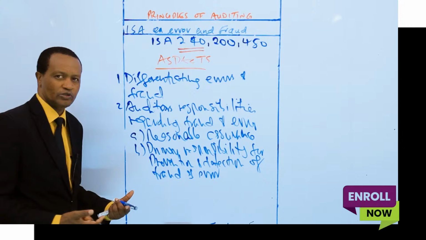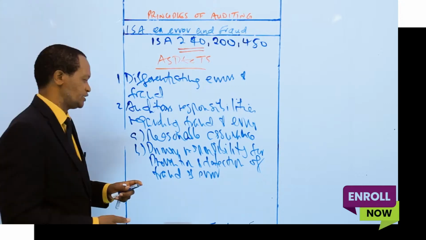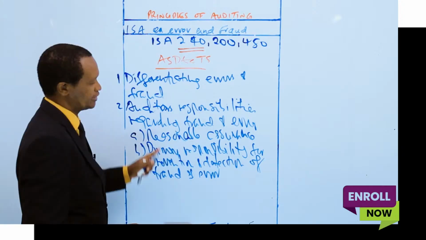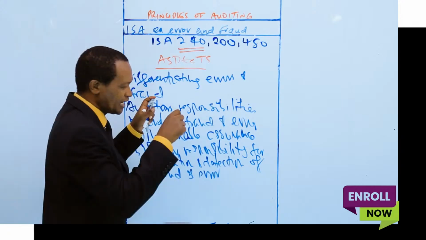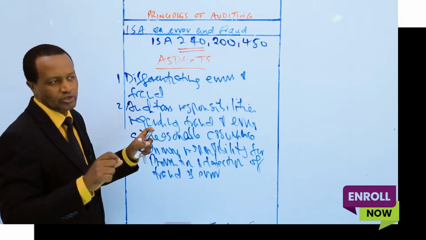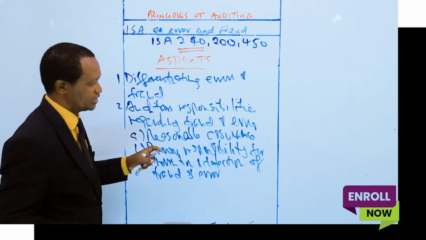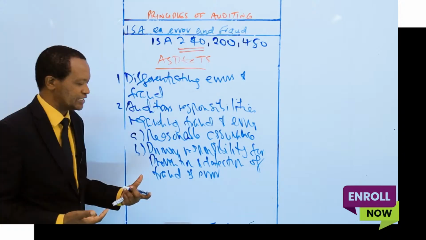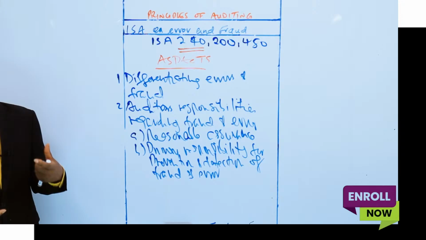I want to get that clear, candidates. The primary responsibility for prevention and detection of fraud and error rests with those charged with management. But the auditor has a role of designing and performing audit procedures that will enable him or her to detect the occurrence of fraud.